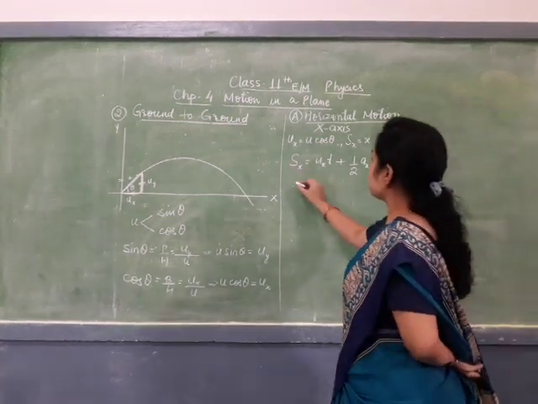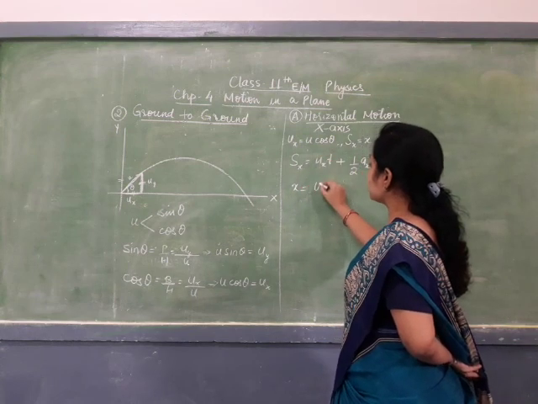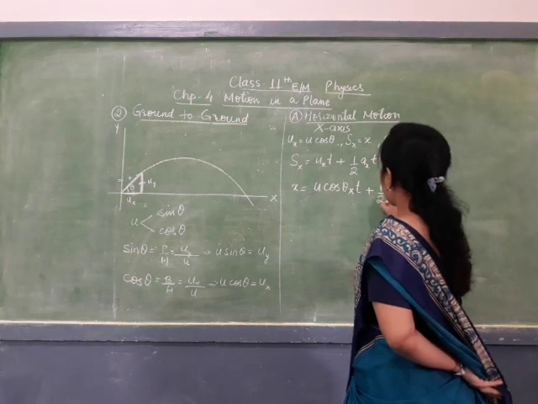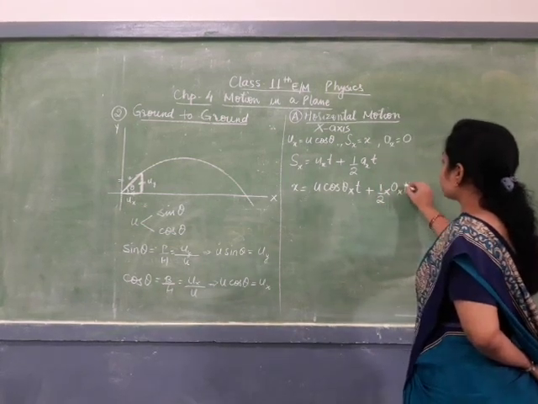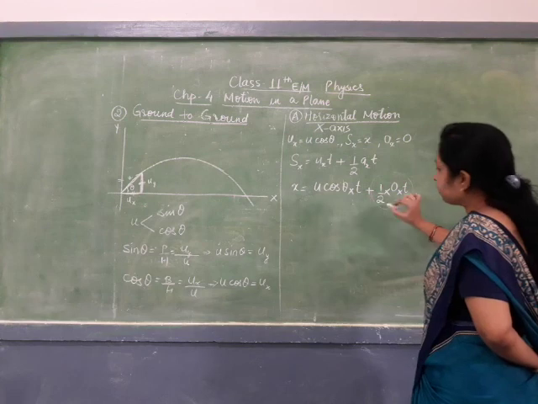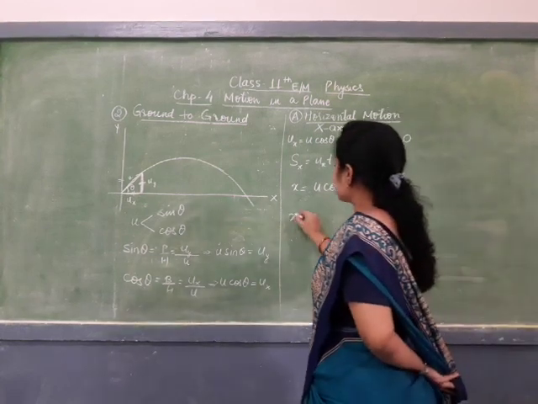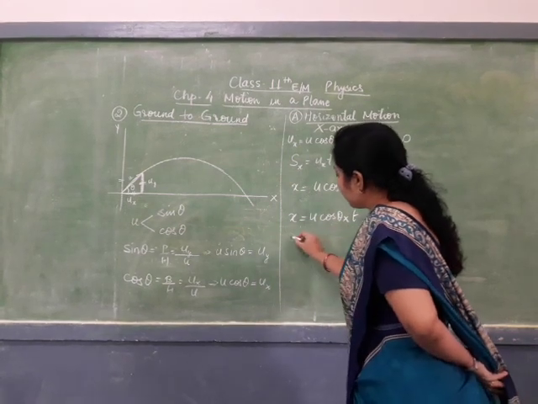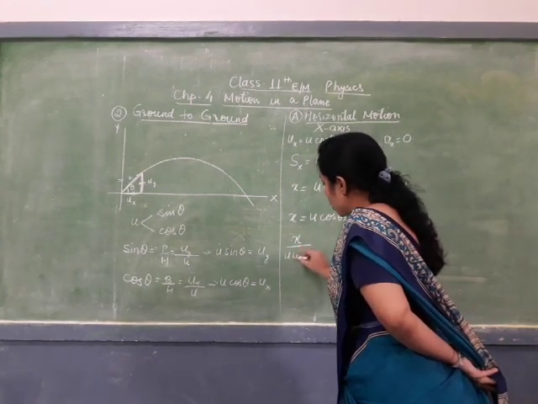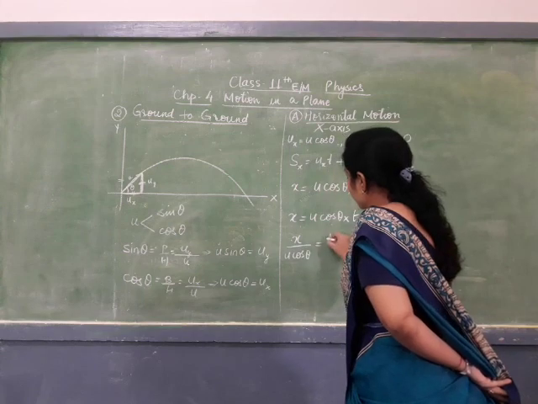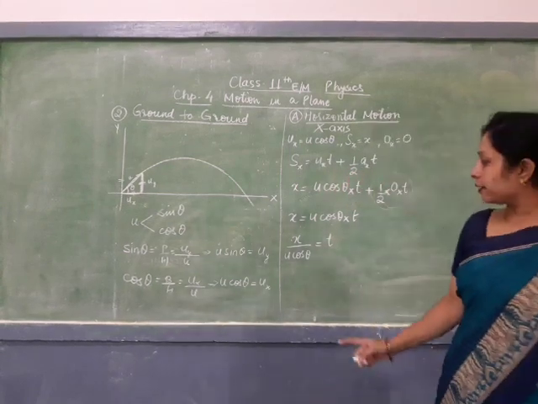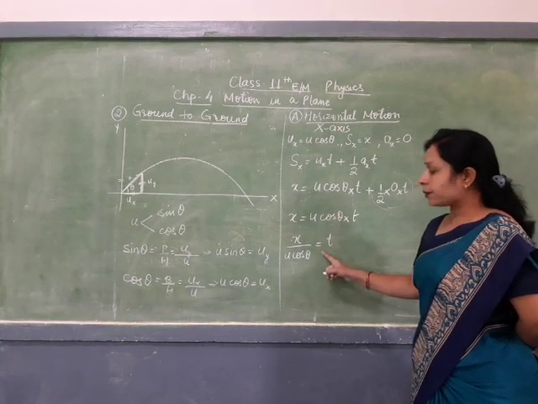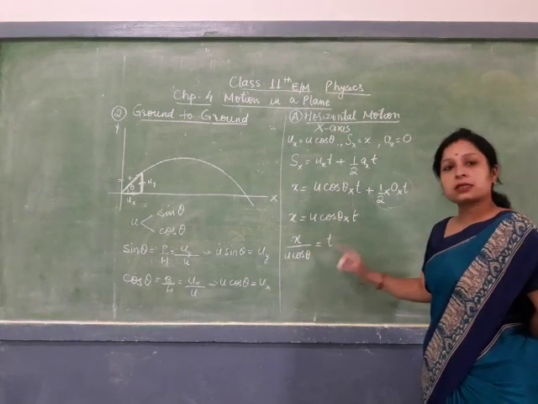So sx is x, ux is u cos theta into t plus half into 0 into t squared. Hence this complete term will be 0. x is equal to u cos theta into t, where x upon u cos theta is equal to t. Hence we get the relation for time, t is equal to x upon u cos theta.